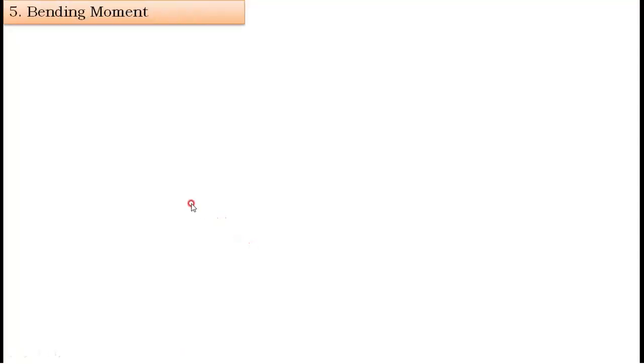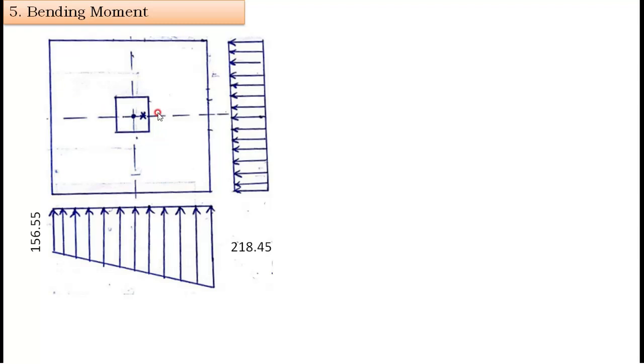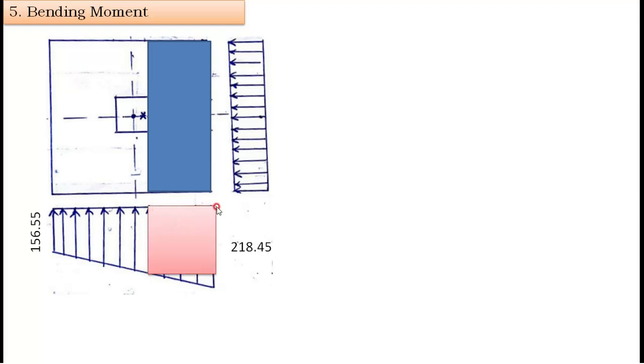Then coming to the bending moment in the second portion, this portion I consider, and again this acts as a cantilever, but here a uniformly varying load is there. I can consider this load as one rectangle and one small triangle, but I know this entire dimension, that is 218.45, but I don't know the dimension at the face of the footing.